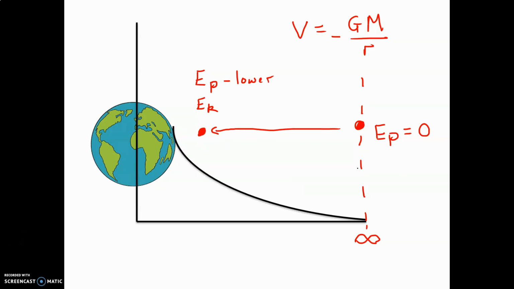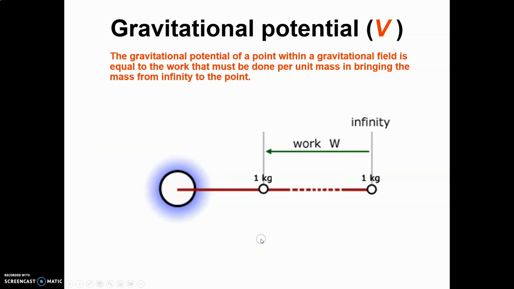So I'm going to finish off this video by looking at the definition of gravitational potential and why it has infinity in the definition that you have to learn. Hopefully by appreciating our treatment of the object when it starts at infinity, you can see why infinity is included in the definition.